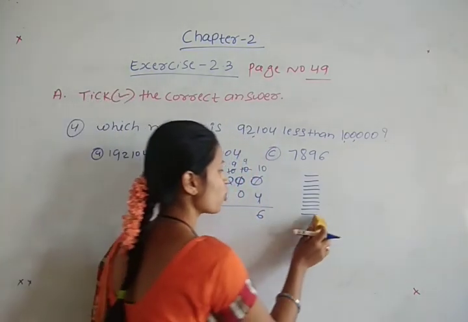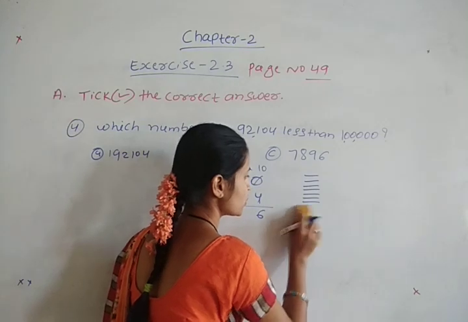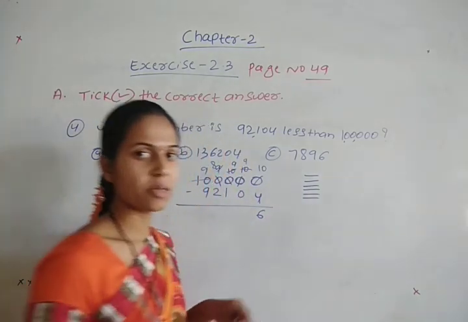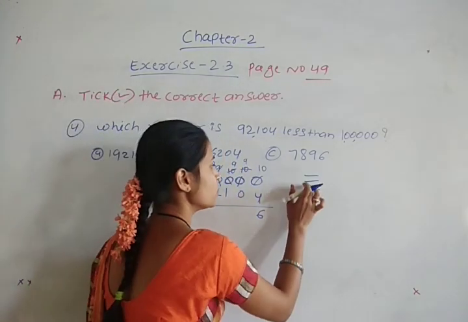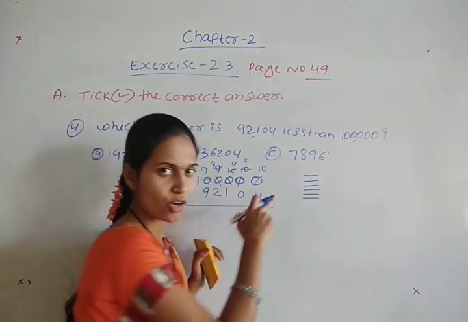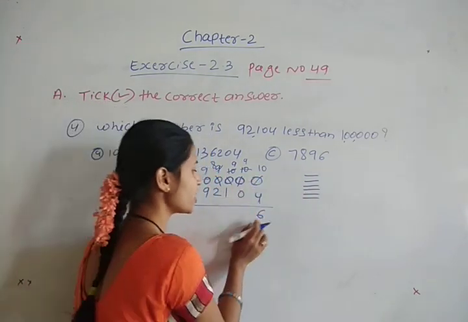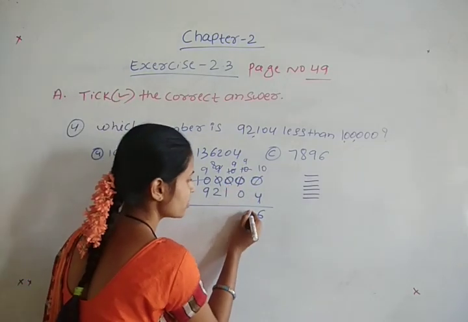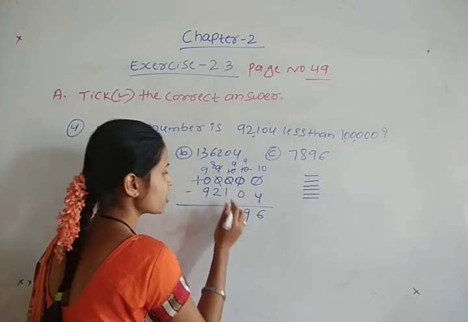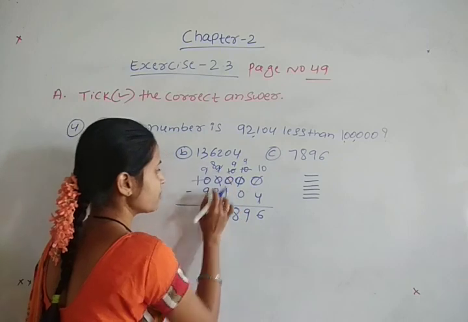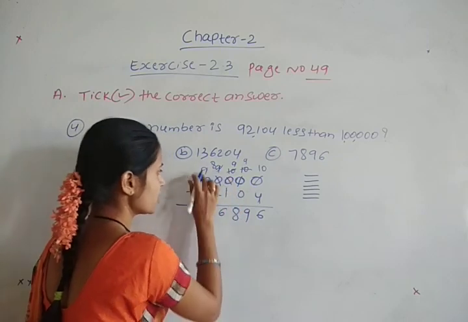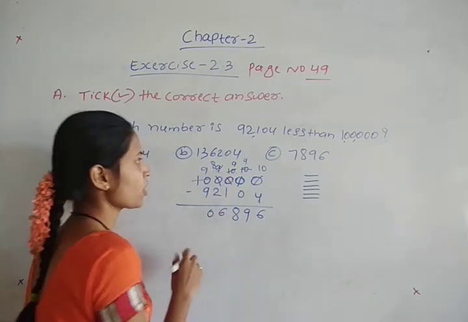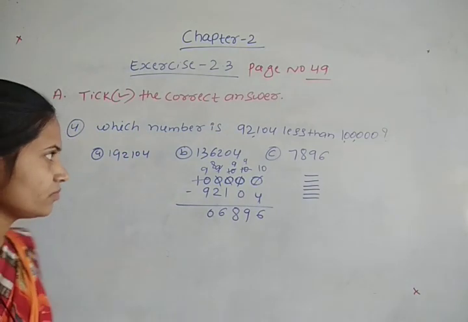Now I will remove 4 bars from this: 1, 2, 3, 4. Now count how many bars are left: 1, 2, 3, 4, 5, 6. We have got 6 now. So that's why I have written 6 here. Now 9 minus 0 is 9 only. 9 minus 1 is 8. 8 minus 2 is 6. 9 minus 9 is 0.